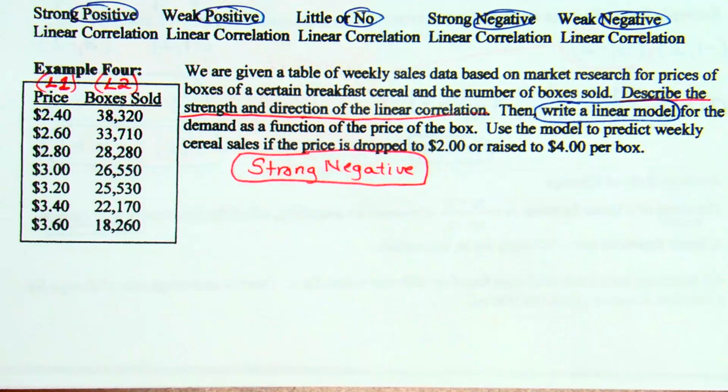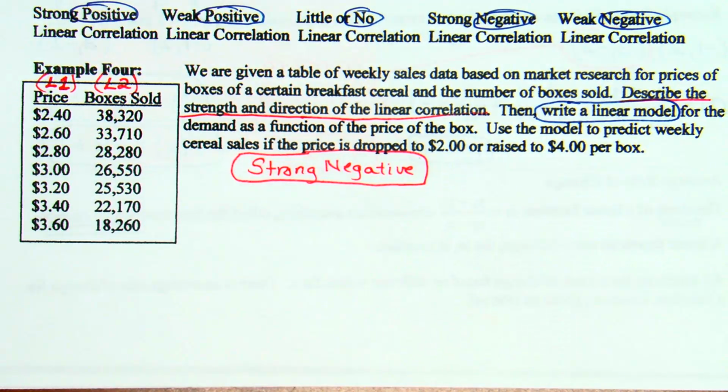Notice what form it says: ax plus b. So I'm going to go down to number 4 and hit enter. Now, where's my data at? L1 and L2. Is that what this says? Yes. Okay, so I'm in L1 and L2. That's good. Go down to calculate and hit enter.